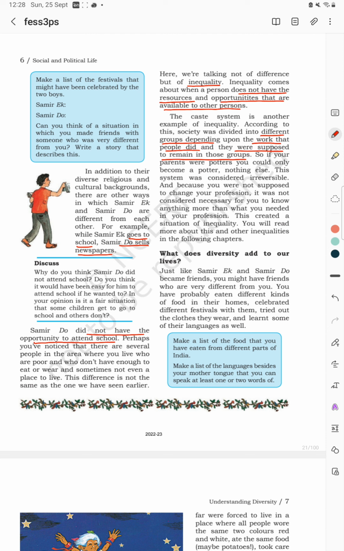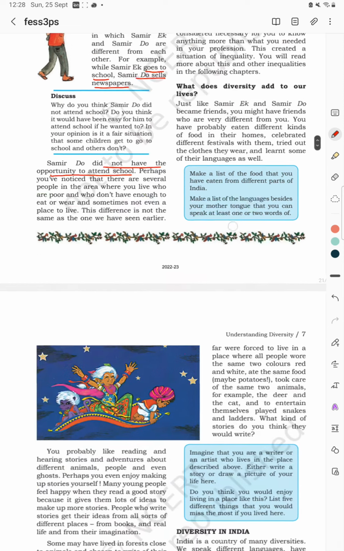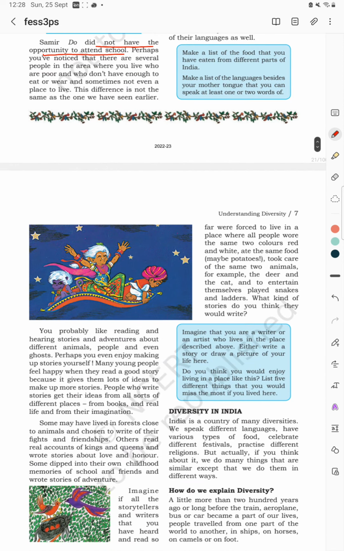When they become friends, they generally share the happiness of their different festivals with each other. They eat different food from each other. So basically, we learn their languages and their culture, their practices by mingling with them.